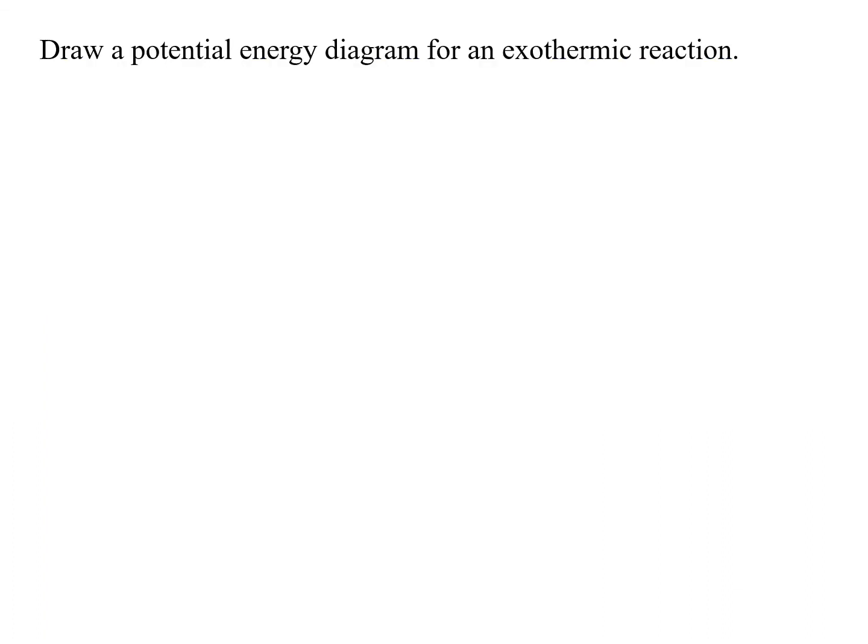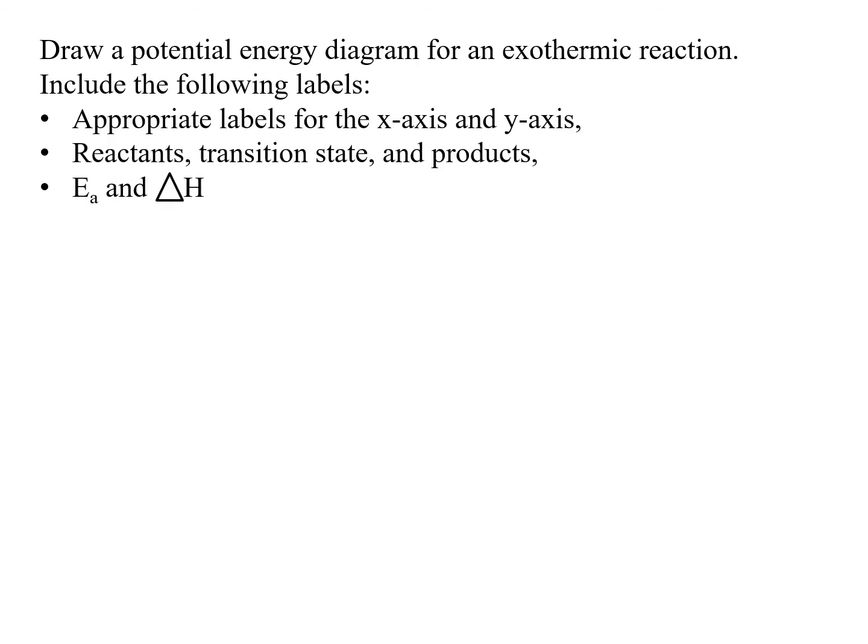Given what you have just learned, would you be able to draw a potential energy diagram for an exothermic reaction? Pause the video for a moment and draw a diagram, including the labels for the X and Y axes, reactants, transition state, products, activation energy, and enthalpy of reaction.